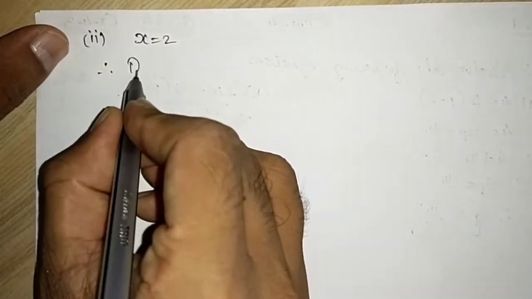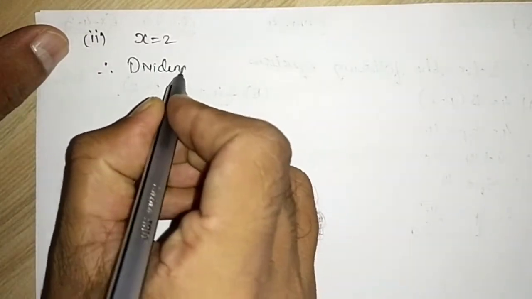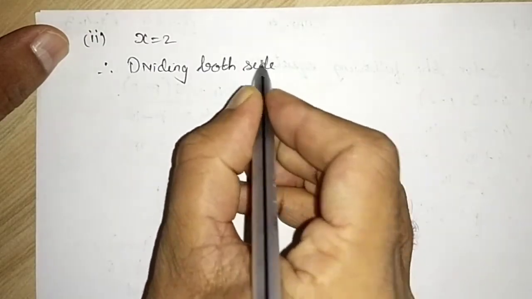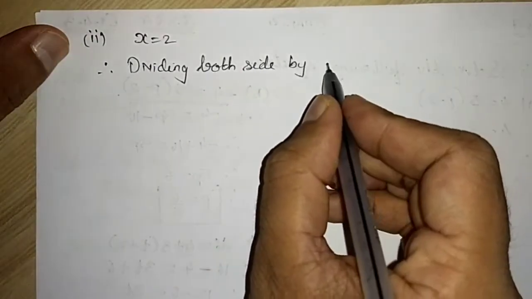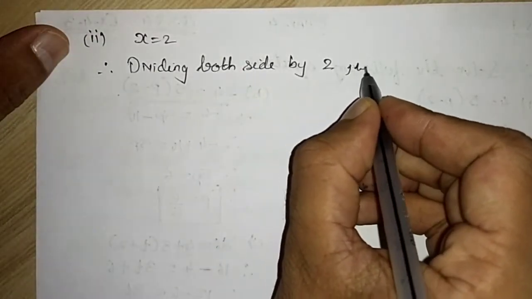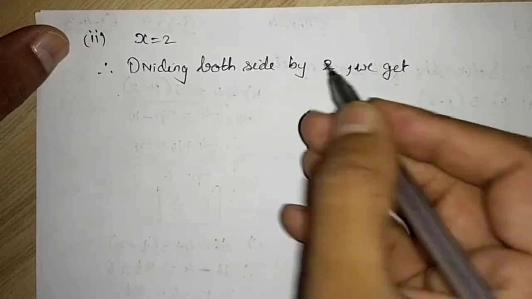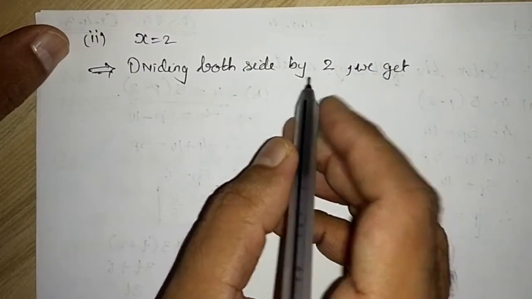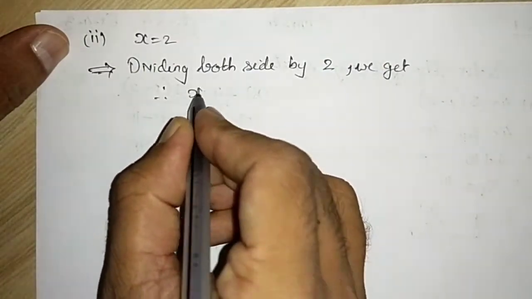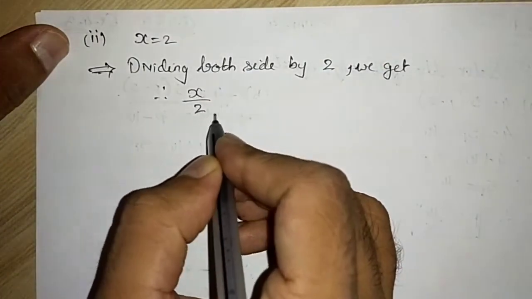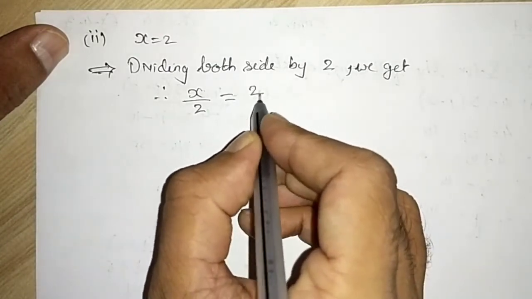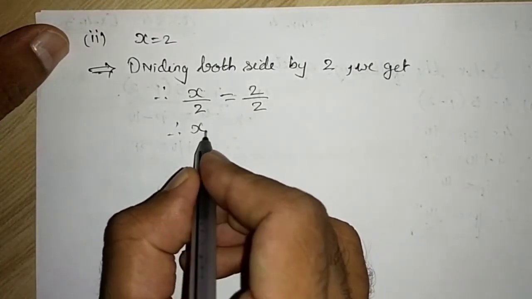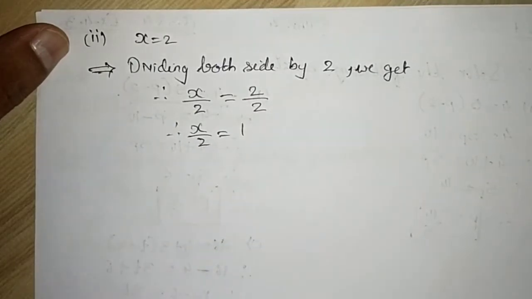So dividing both sides by 2, whatever number you want to take, you can take. It is not that you take only 2. Therefore dividing both sides, so here I am dividing x divided by 2. In RHS we will divide 2 divided by 2. Therefore we will get x divided by 2 is equal to 1.